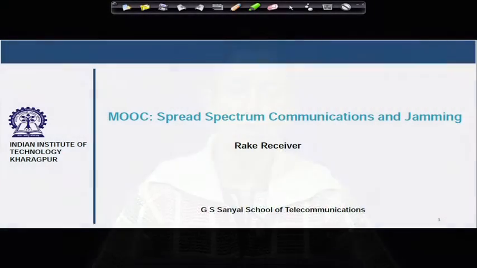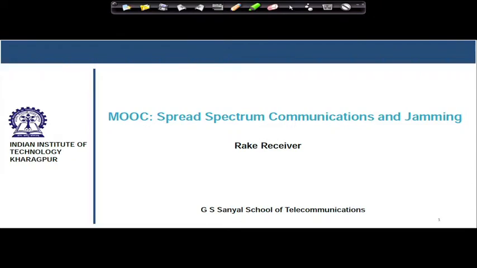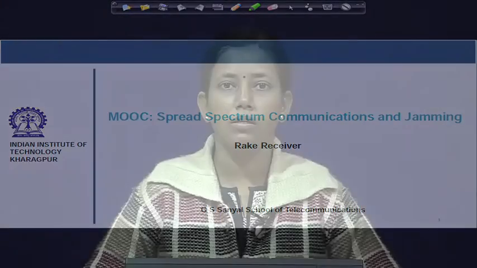Hello students, after understanding the diversity concept and the wireless communication channel characteristics, today we will start understanding the Rake receiver, which is the very popular means of combining and getting the diversity gain.